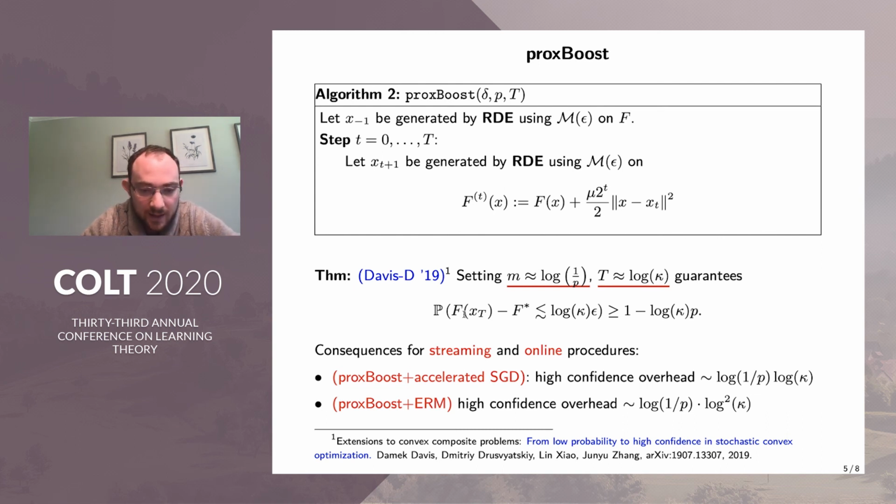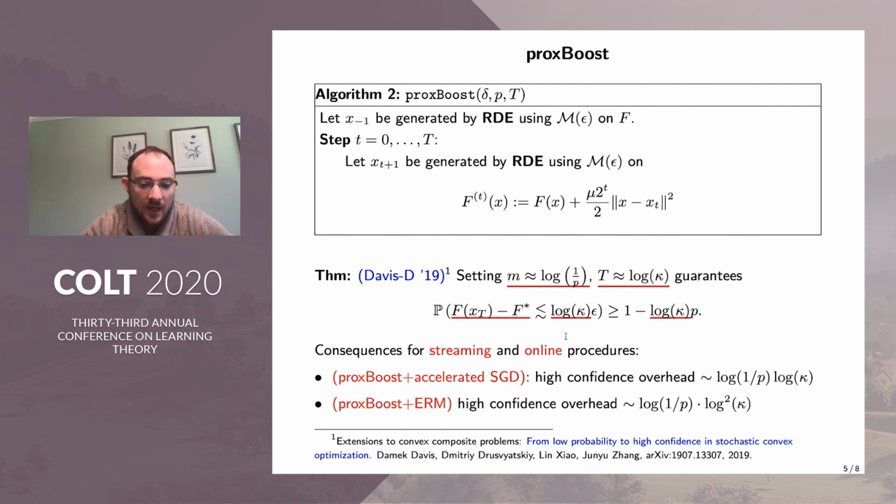The function gap at the end, at x sub t, is going to be smaller than epsilon up to a logarithmic factor in the condition number, with probability 1 minus p. So in other words, you obtain the high probability bound that we were after, up to a logarithmic factor. The overhead cost is only log 1 over p times log kappa, right? It's m times t. m is the number of reruns within a robust distance estimation, and the number of epochs of proxBoost is t.